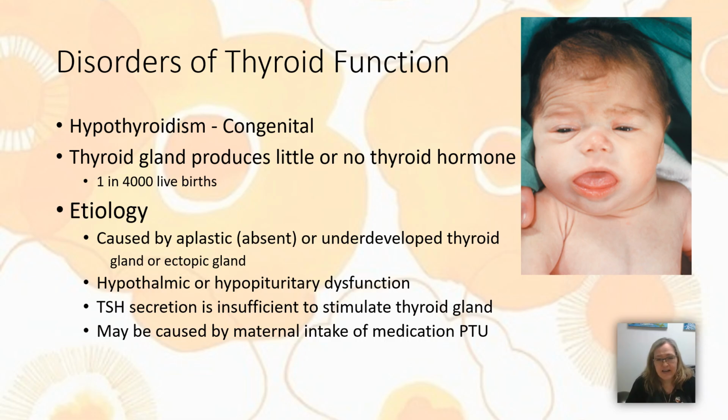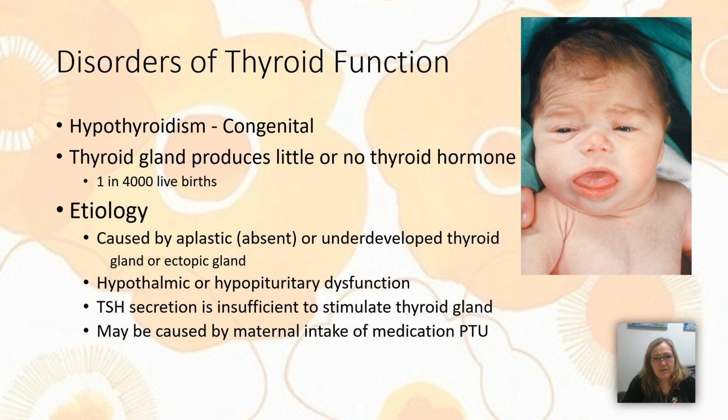The picture that I have on this slide is of a child that has congenital hypothyroidism. And the signs here can be easy to miss. If you look at this picture, the child has an enlarged tongue, and this baby cannot close their mouth, and that's a big sign. And also the way the eyes look.